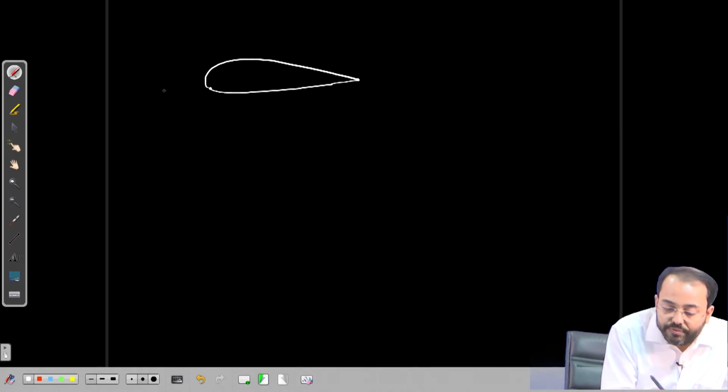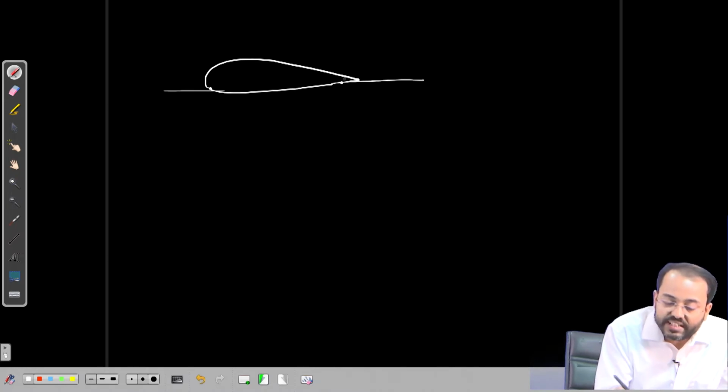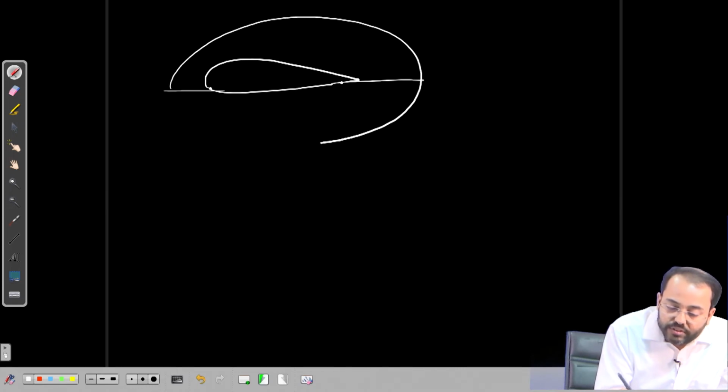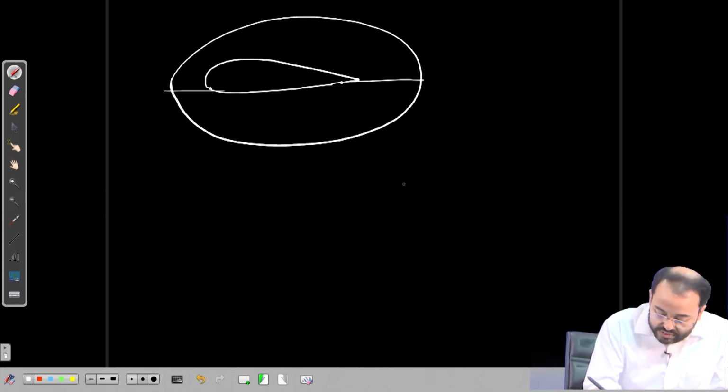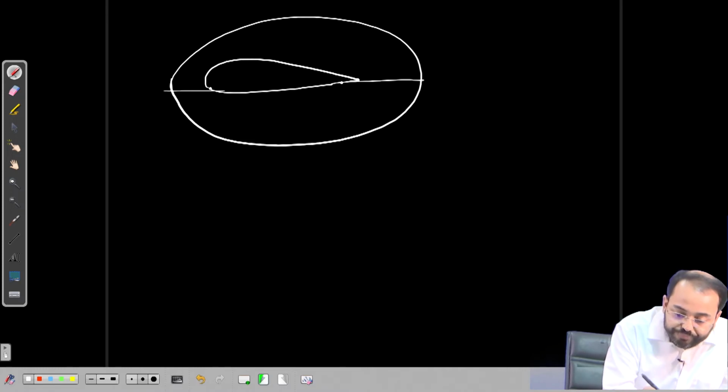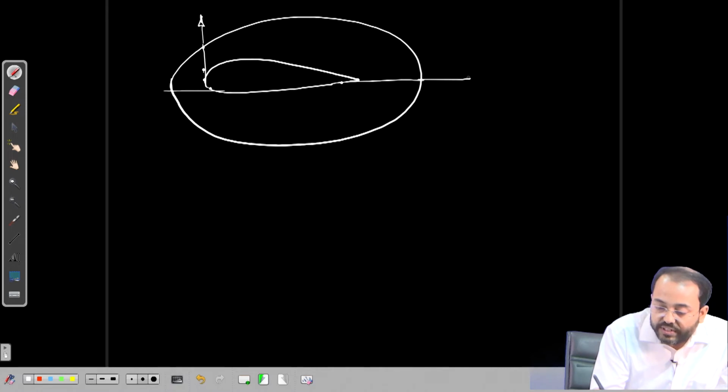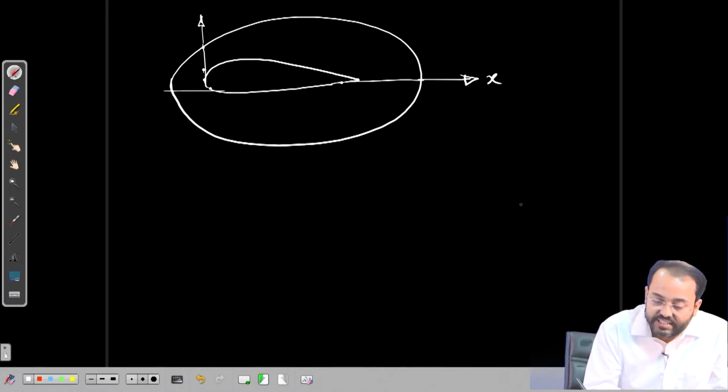Suppose we have a 2D airfoil section and I draw a closed contour about that. Just drawing the system of axis.